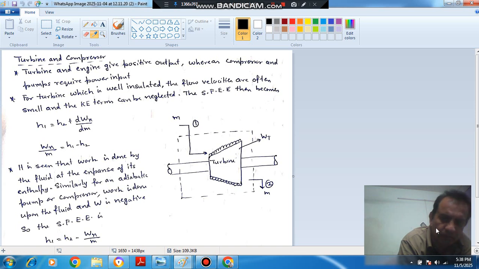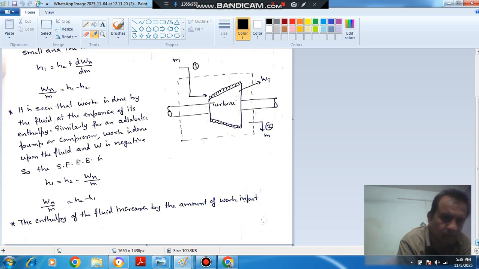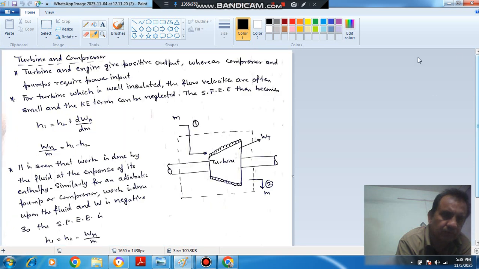So the steady flow energy equation is h1 is equal to h2 minus Wx by m. So Wx by m is equal to h2 minus h1. The enthalpy of the fluid increases by the amount of work input. So this is the turbine and compressor application of the steady flow process.